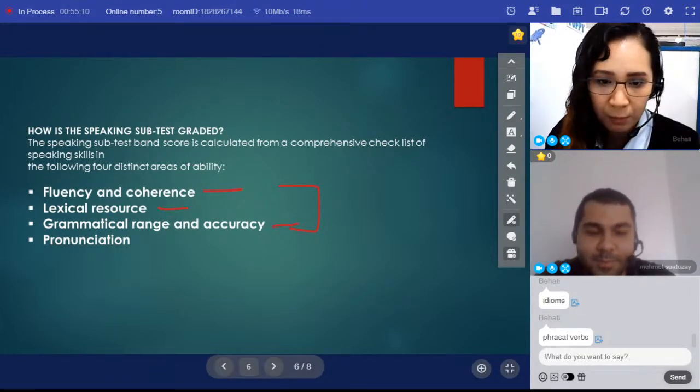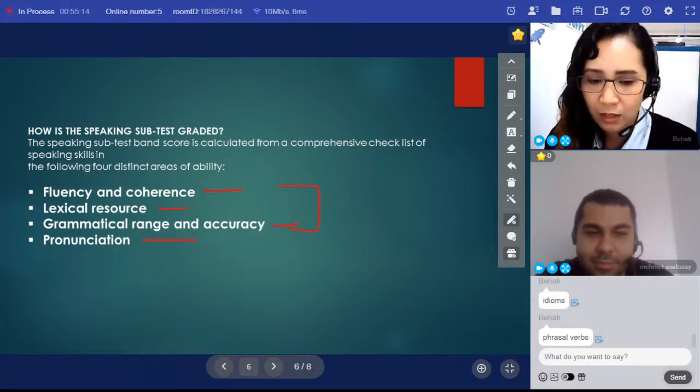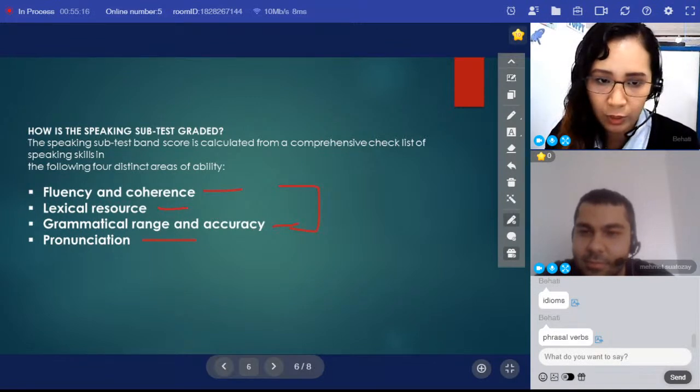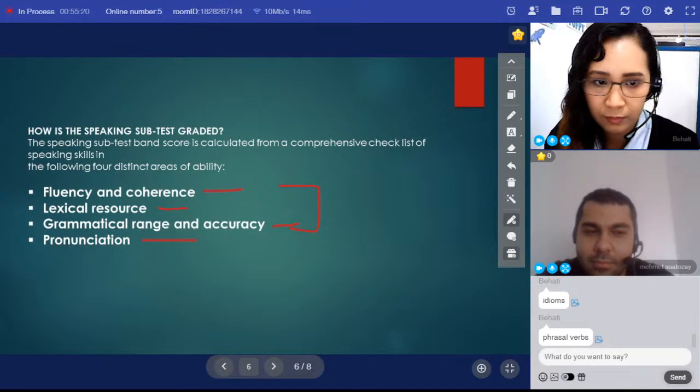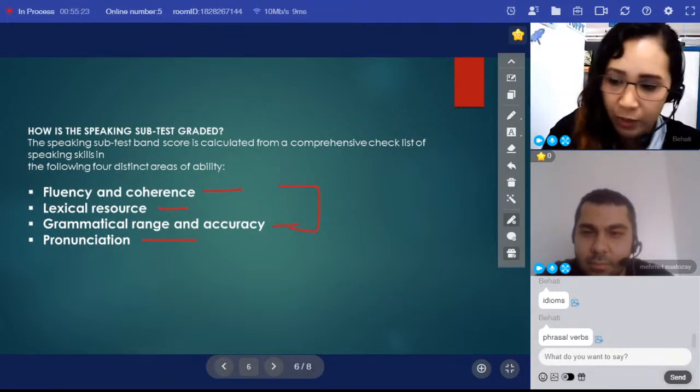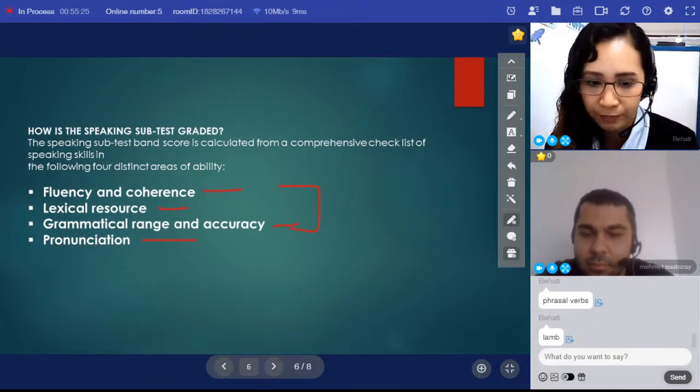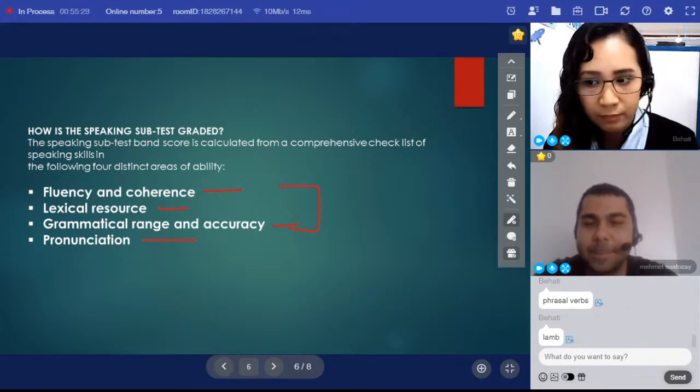Pronunciation. I could actually understand what you're saying clearly. Let's repeat one word though. This one in the chat box: lamb. One more time. Where do we pronounce the B sound?